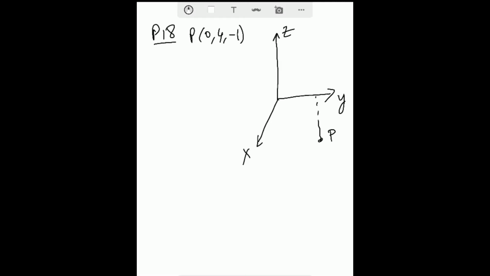Now this is in cylindrical coordinates, so this is my position vector, and for cylindrical coordinates I draw the unit vectors. I draw the z-axis, the z coordinate, which is minus 1, and the direction which is perpendicular to the z direction is the rho arrow, and AZ will be up.